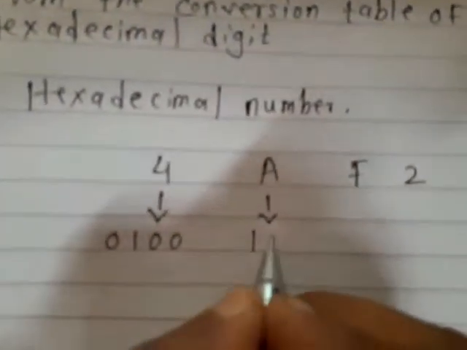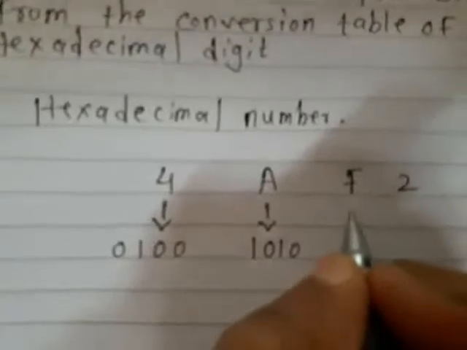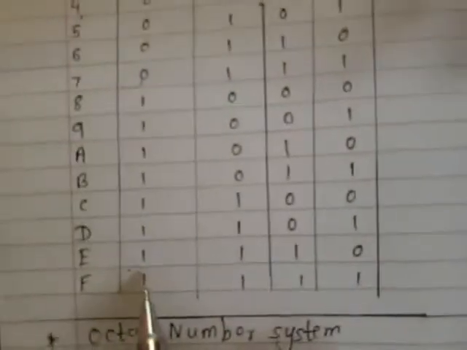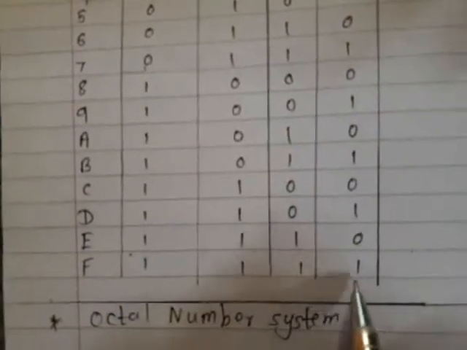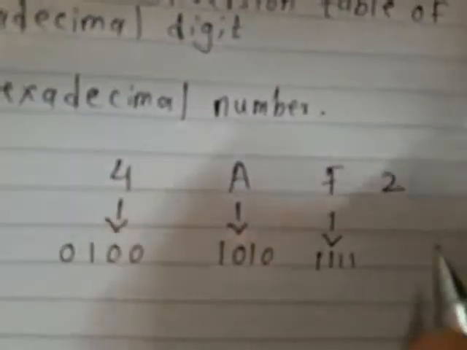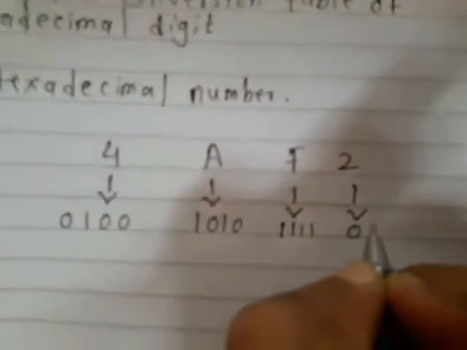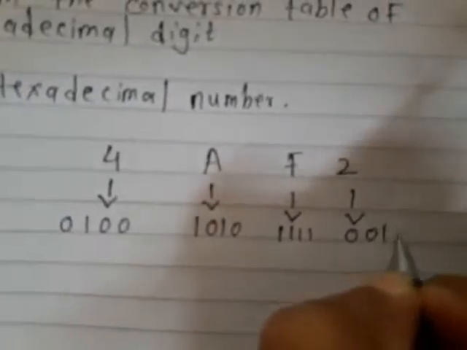So put the value here, 1 0 1 0, like that. F. Okay, now see what is the value of F? 1 1 1 1. Now write the value here, 1 1 1 1. Okay, now like that 2, you have to do 2. What is the value of 2? 0 0 1 0. See here, 0 0 1 0. So put here 0 0 1 0.